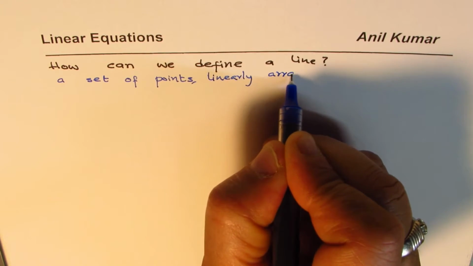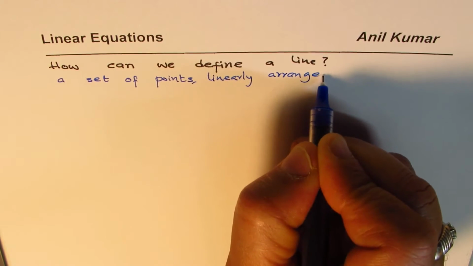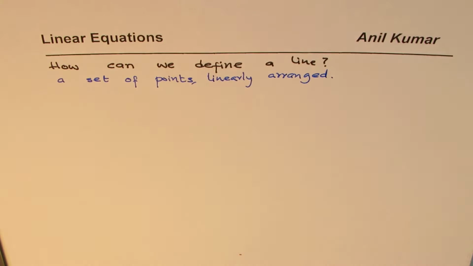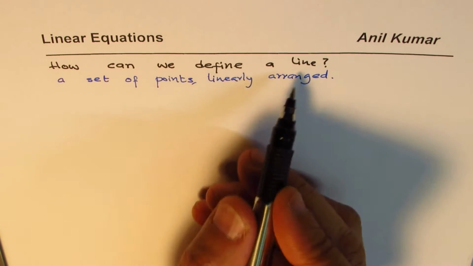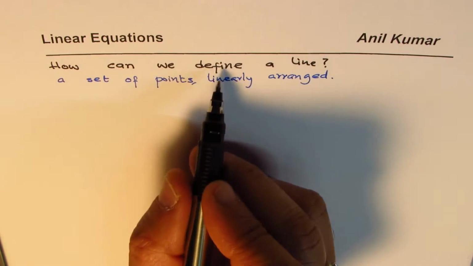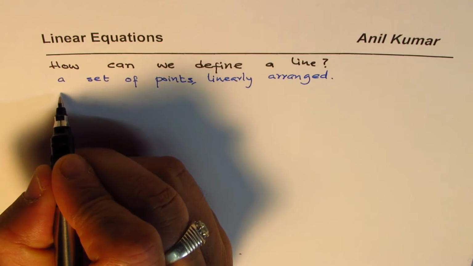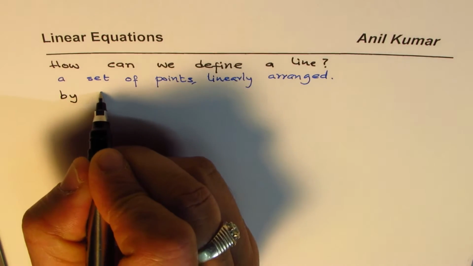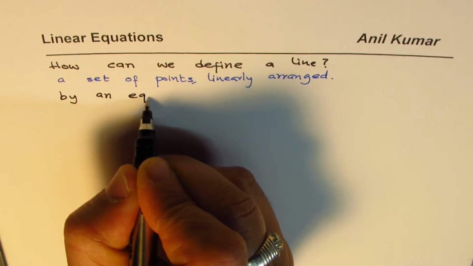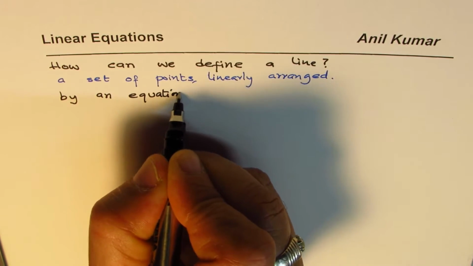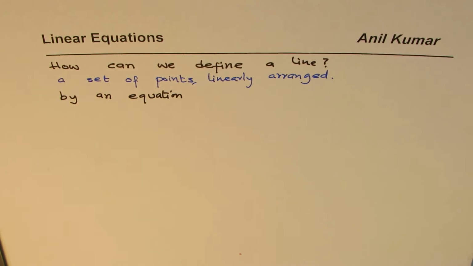Okay, so could be that. Another question could be, when we say how can we define a line, we could define it algebraically, like in mathematics, like by giving an equation, right? By an equation, for example. Okay, by an equation. That could be another option.